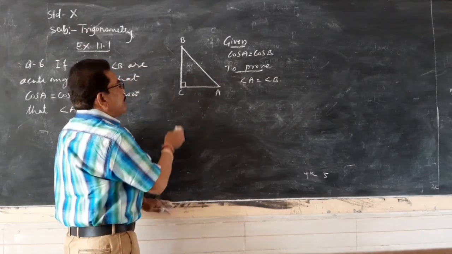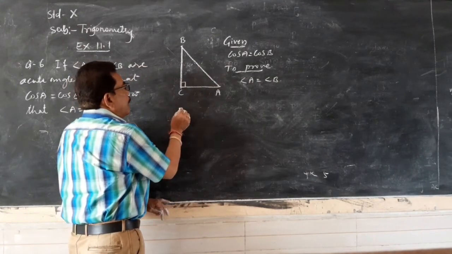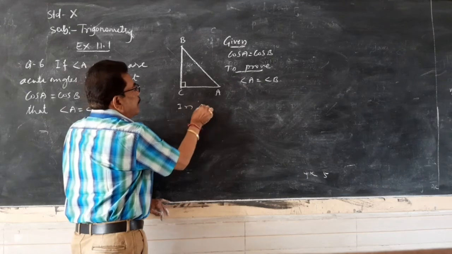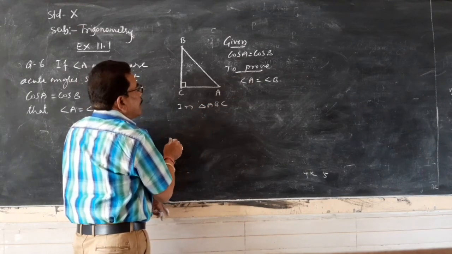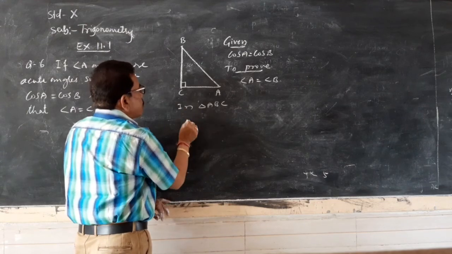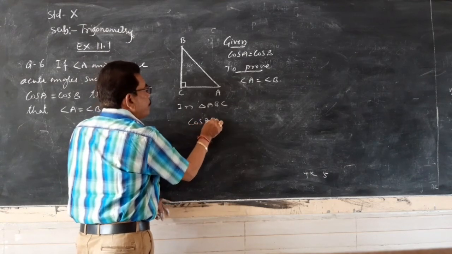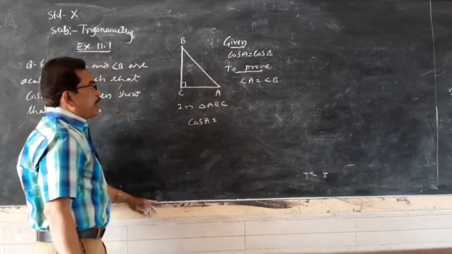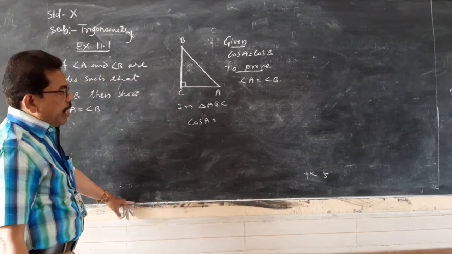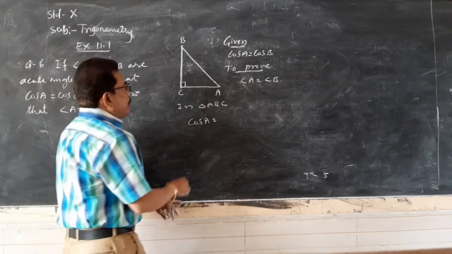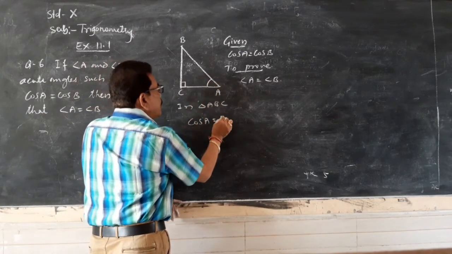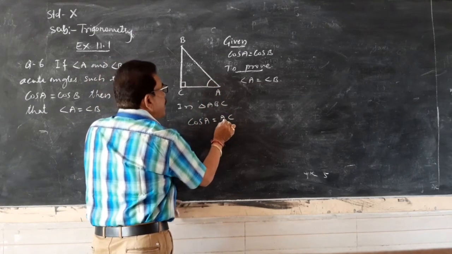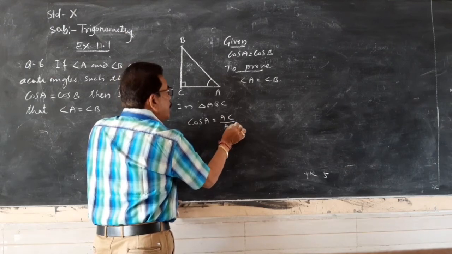Now let us find cos A. In triangle ABC, cos of angle A equals adjacent side divided by hypotenuse. So AC divided by AB.